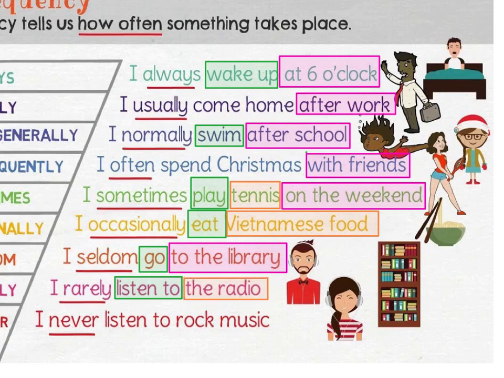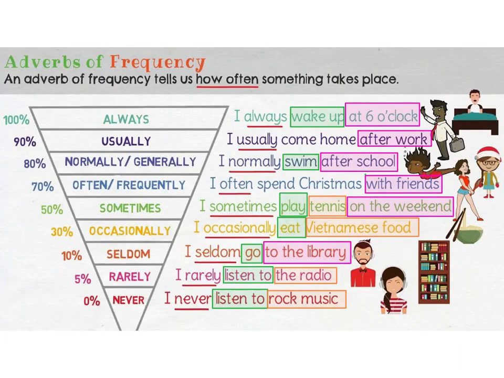I never listen to rock music. So this one is going to be the same thing. Our verb is going to be listen to, and then listen to what? Rock music. That's a kind of music. And all of these sentences should have periods at the end of them. Okay, that's it for adverbs of frequency.